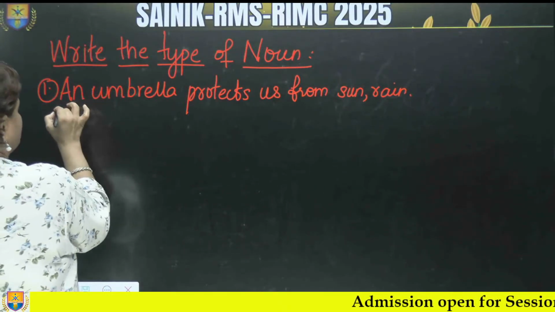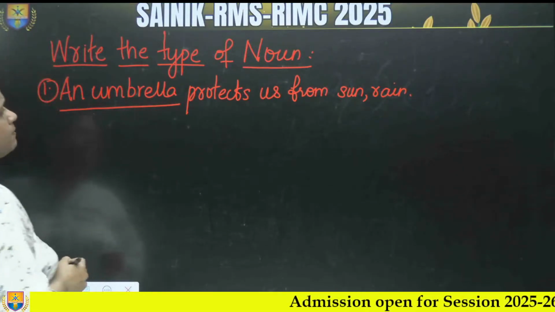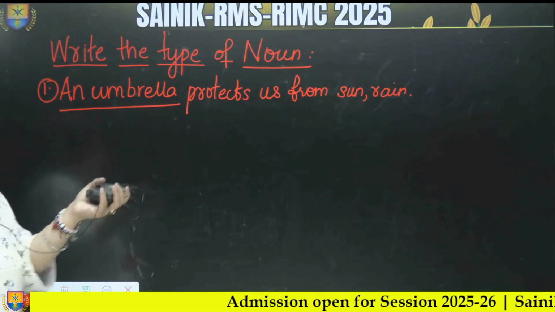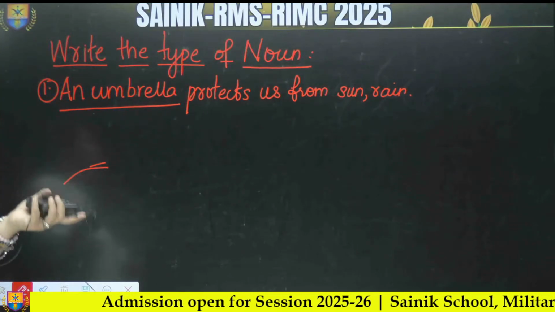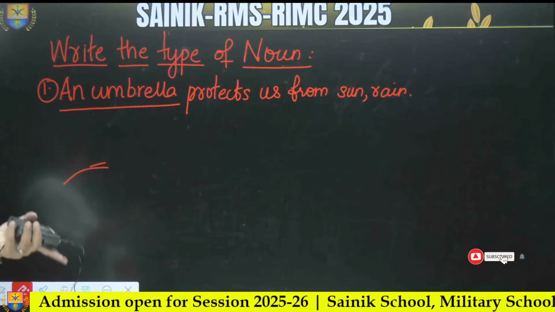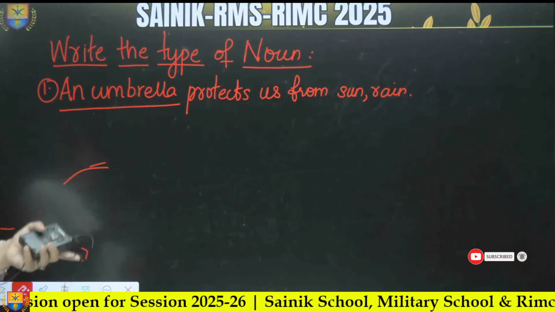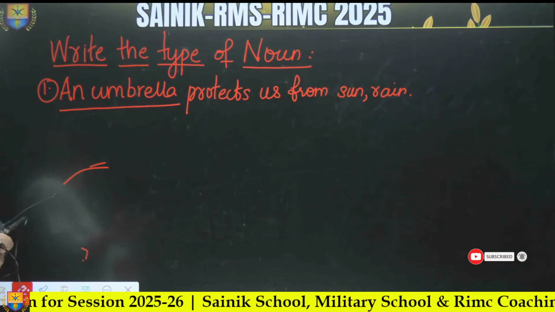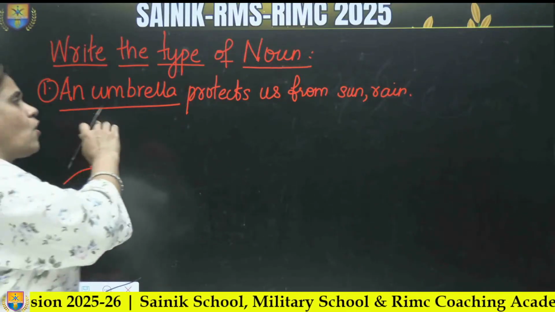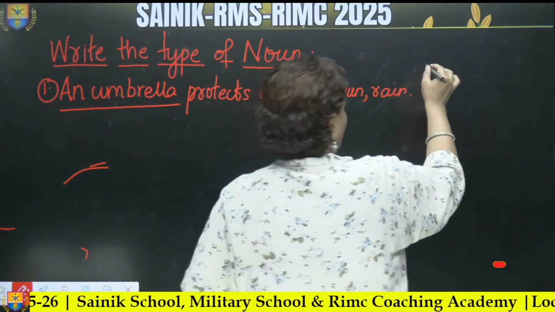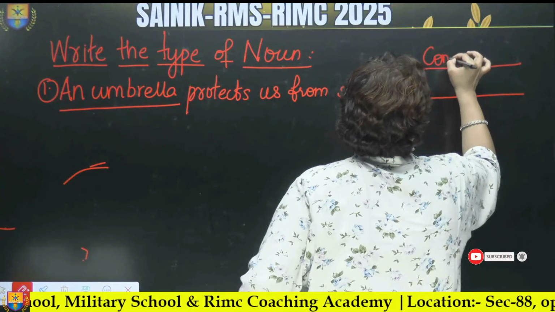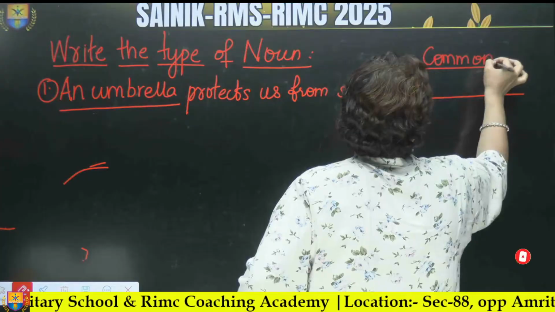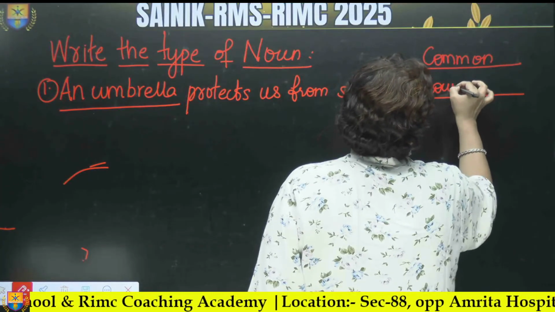Now when we mention here an umbrella, as a noun we have underlined an umbrella. Now what can be the noun in this? You have counted the umbrella, one umbrella is mentioned, and it's a common noun. So we have two answers for this: one is common noun and the second one is countable.